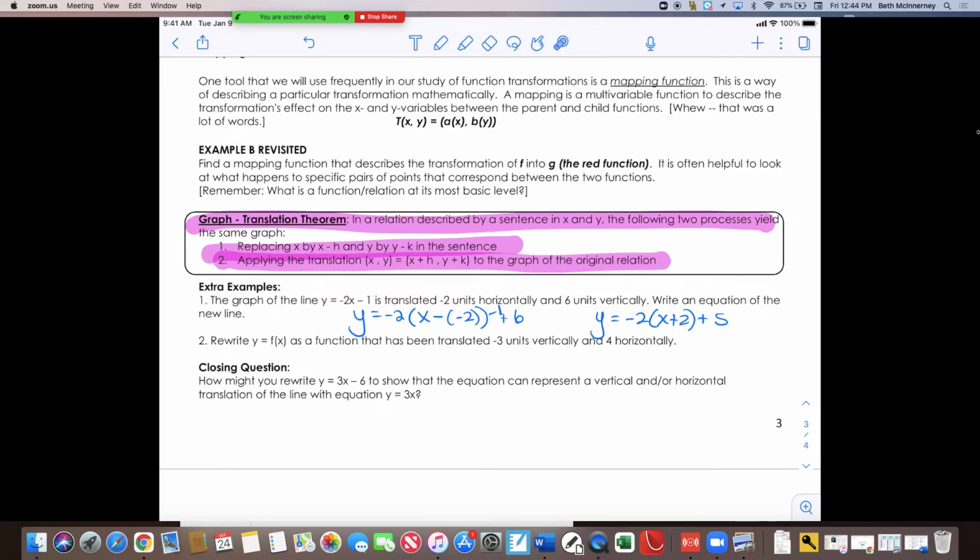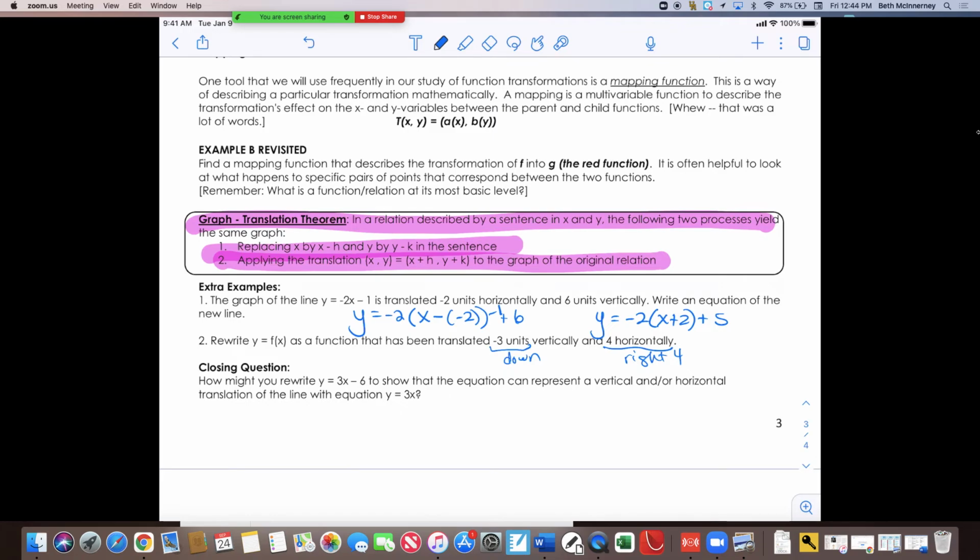All right, in number 2, rewrite y equals f of x as a function that has been translated 3 units vertically and 4 horizontally. So minus 3 means down 3. 4 means right 4. Now there's a difference between the equation and the function notation.